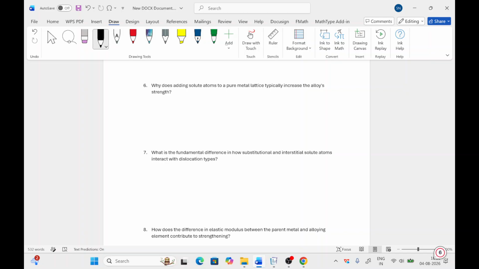That's why we call them metals and alloys. So pure metals have very low strength, but the ductility is very good. So if we want to improve the strength, we add some type of solute atoms, other than the primary metal.